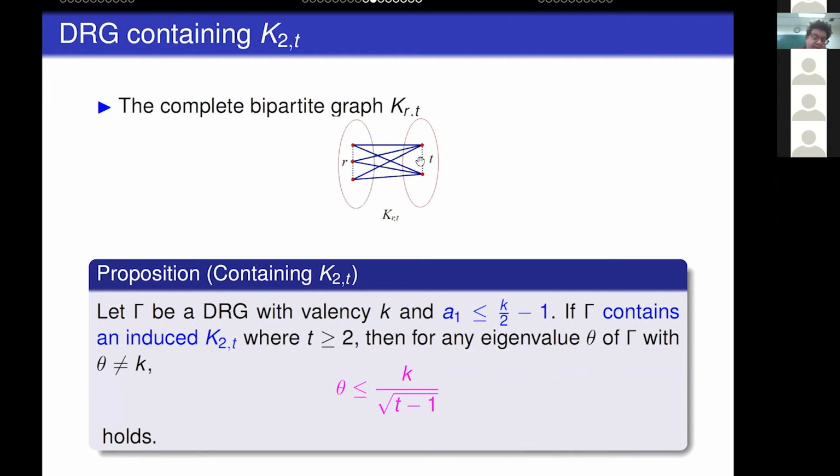Our proposition is: if you have a distance-regular graph with valency k and A1 at most k over 2 minus 1, and Gamma contains an induced K_{2,t} where t is at least 2, then any eigenvalue theta of Gamma which is not the valency satisfies that theta is smaller than k over the square root of t minus 1. So that means that theta is fairly small compared to k, yes? The gap between the second largest eigenvalue and k is quite large.